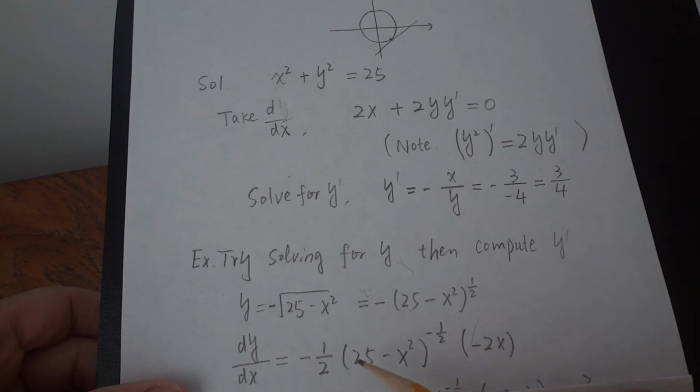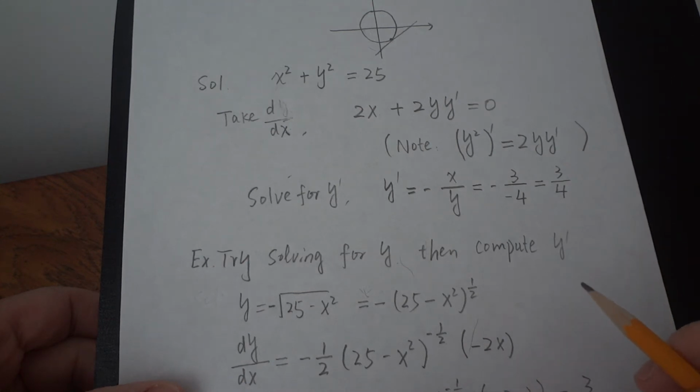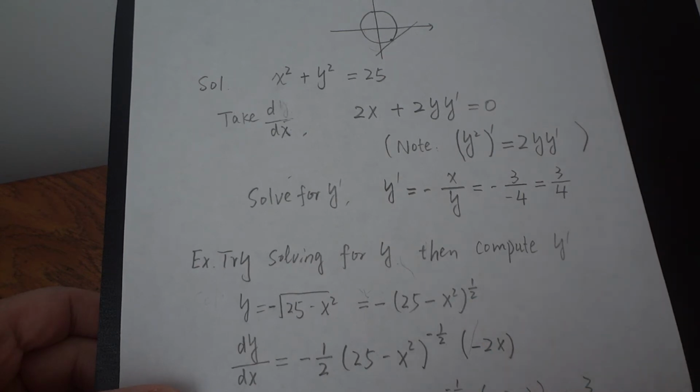And this part here, the negative 1/2 power, you can move to the denominator, and you take that as the square root of 25 minus x squared. And that is exactly what y is equal to. Negative y, actually. And so you can see they are the same. But anyway, if you substitute the numbers, x and y, you will get the same answer eventually.